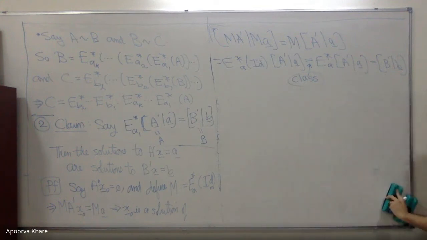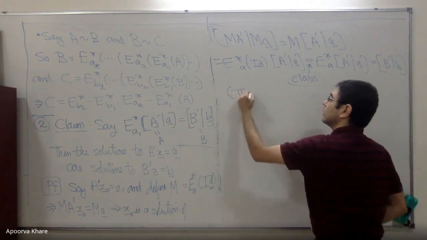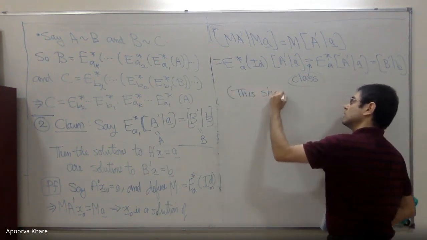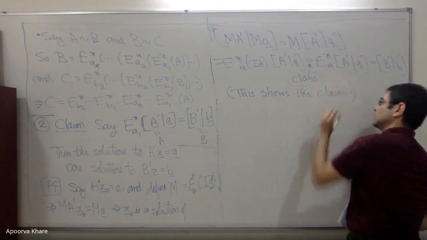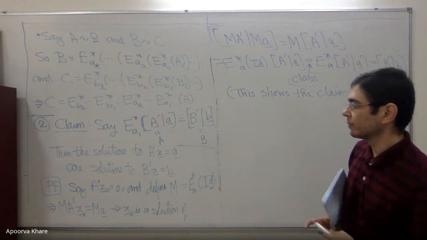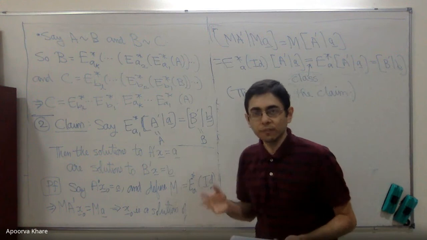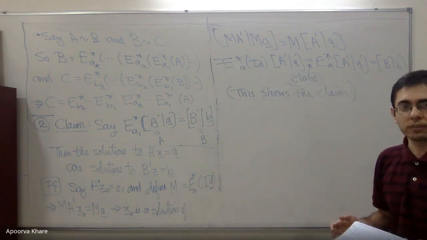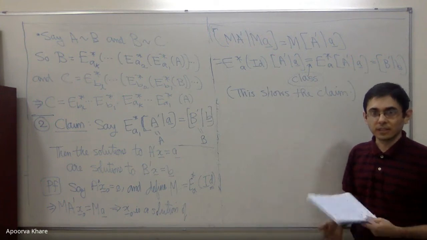Why are we done? So this proves the claim. First of all, this shows that the solution sets are contained. But now, what was the question? The question was, if you have two matrices which are row equivalent, then their solution sets are equal.